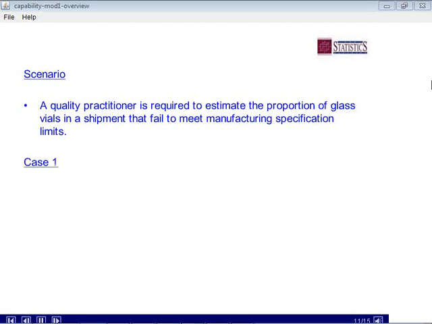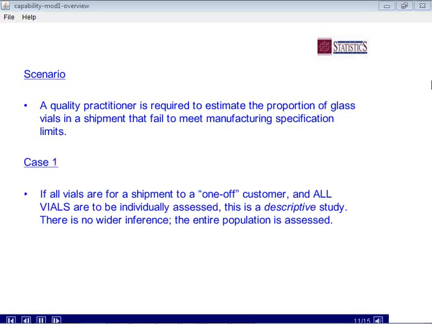In the first case, I'm going to say that if all vials are for a shipment to a one-off customer, okay, we're just going to be sending it to this particular customer, it's a one-shot deal, and all of these vials are going to be individually assessed, then this is what we call a descriptive study. Okay, so it's just a one-shot deal, everything's going to be measured.